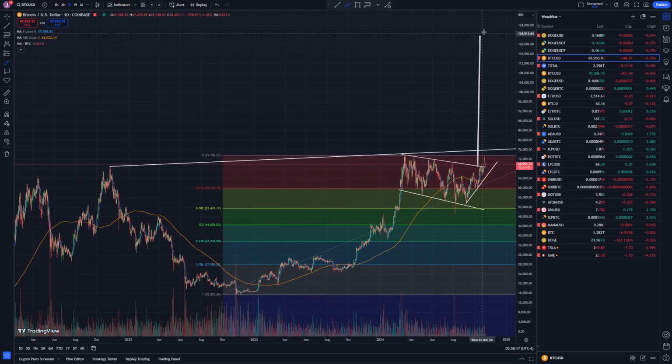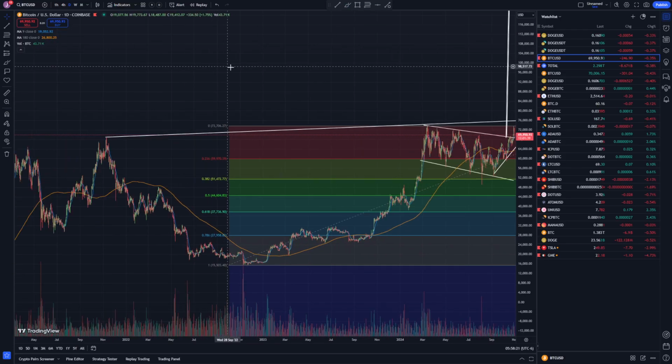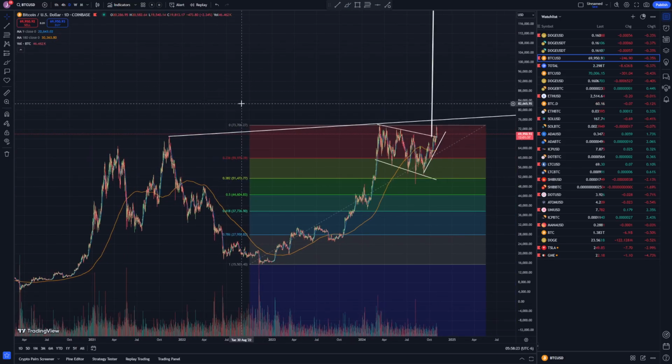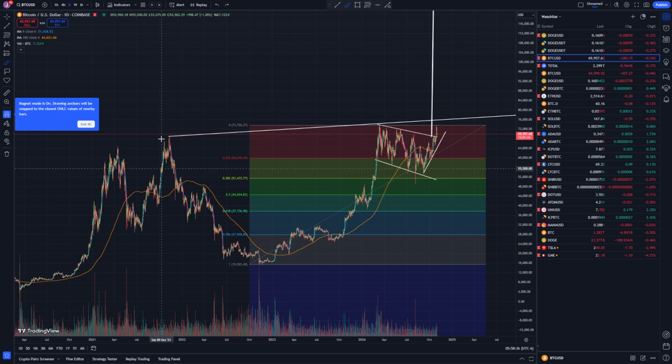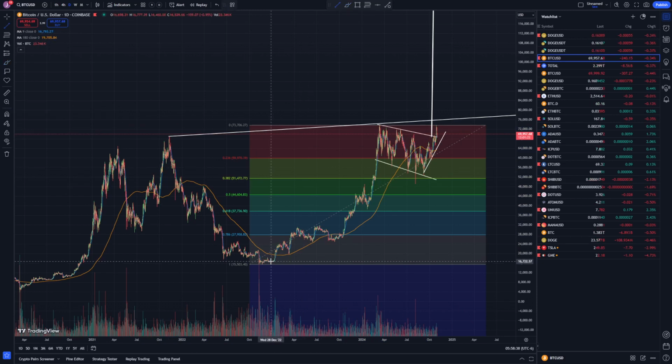How did you get to 122, you might ask? Google cup and handle trading pattern. We have a nice little cup right here, and then a channel pattern going to the downside, pushing us down. The way we target this is we drag from the bottom of the cup to the top of the cup using a trend line tool.